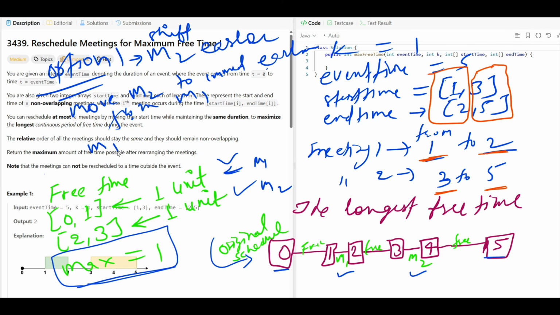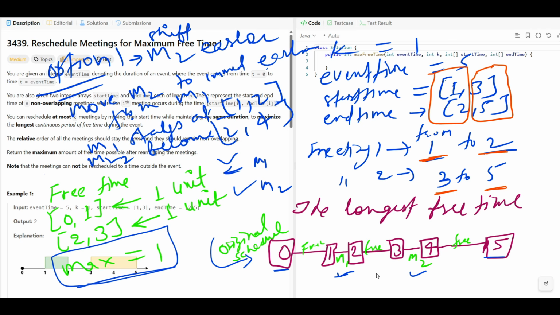So m1 stays at 1 to 2, and m2 becomes 2 to 4.